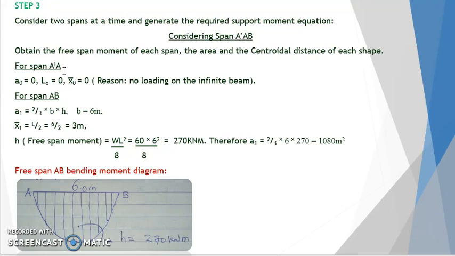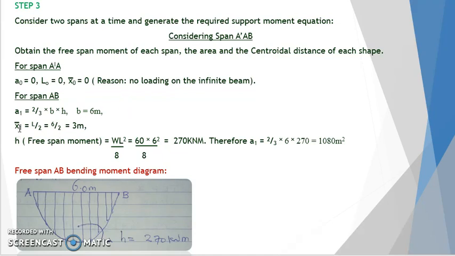For span A'A, you have A sub 0 equal to 0, L sub 0 equal to 0, and X bar sub 0 equal to 0, because there is no loading on the infinite beam. For span AB, A sub 1 is equal to 2/3 times base times height, where the base is the length of the span of that beam.